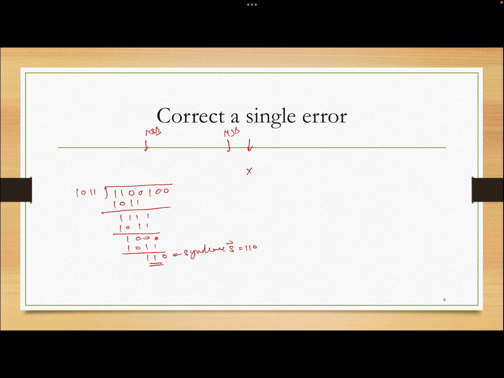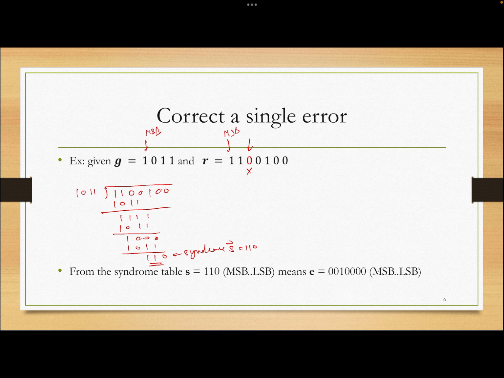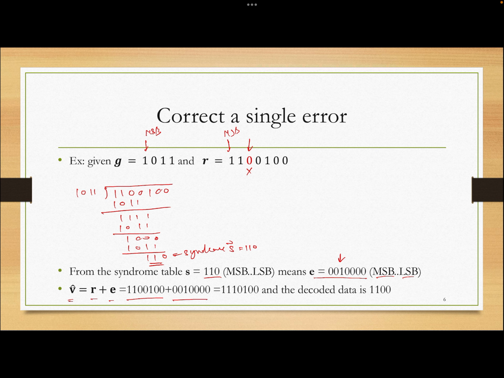So go back here. Then we get the syndrome table is this, error is this. So I put the most significant bit here on the left and the least significant bit on the right, to clarify the position. So the decoded code word is R plus E. This is R, this is E. So you get this.